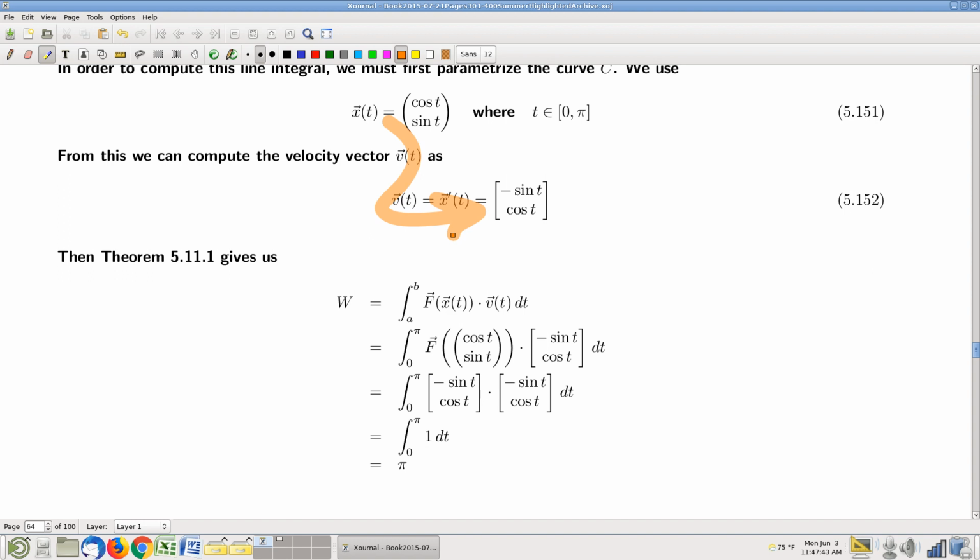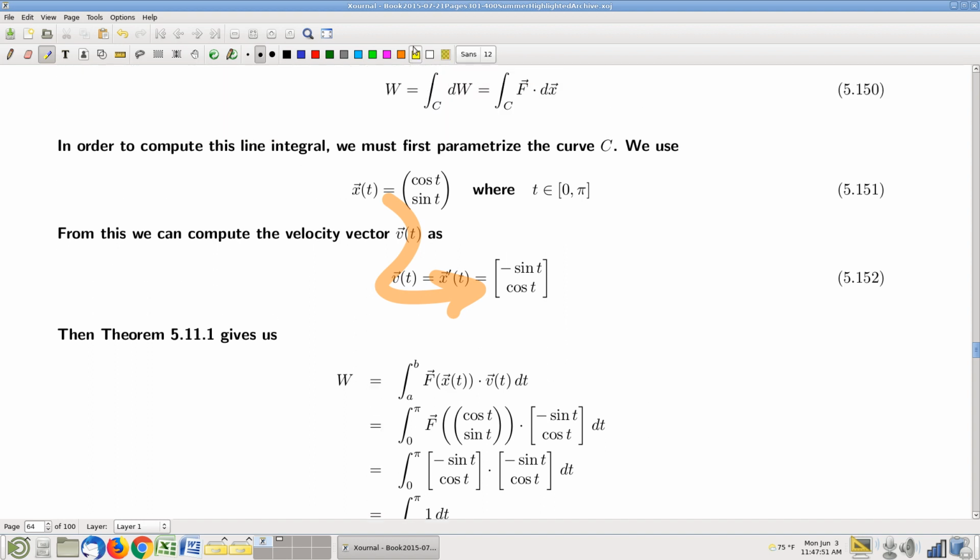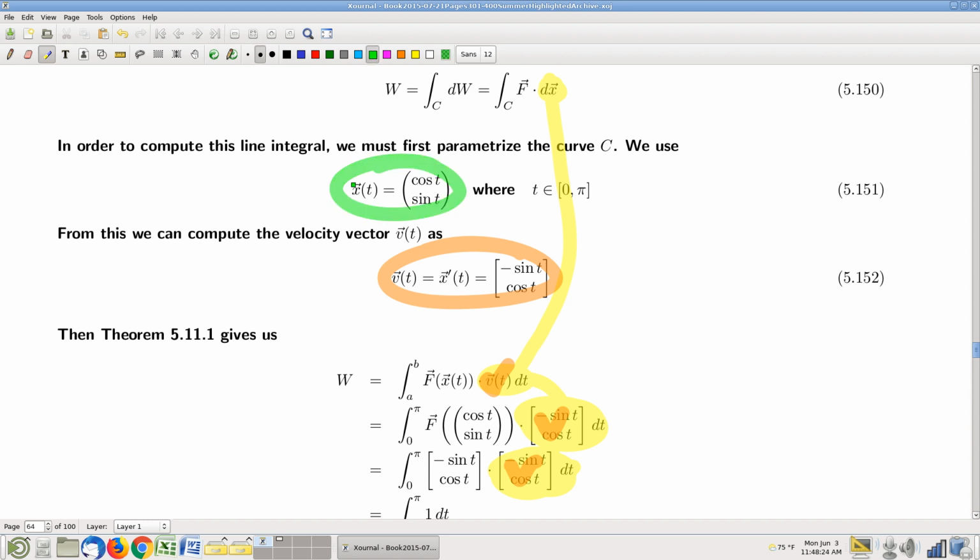So here's your velocity vector, and notice that is going to show up as we rewrite our dx. So there's our dx, v dt, and v, which is x prime, is that. Just plugging in.